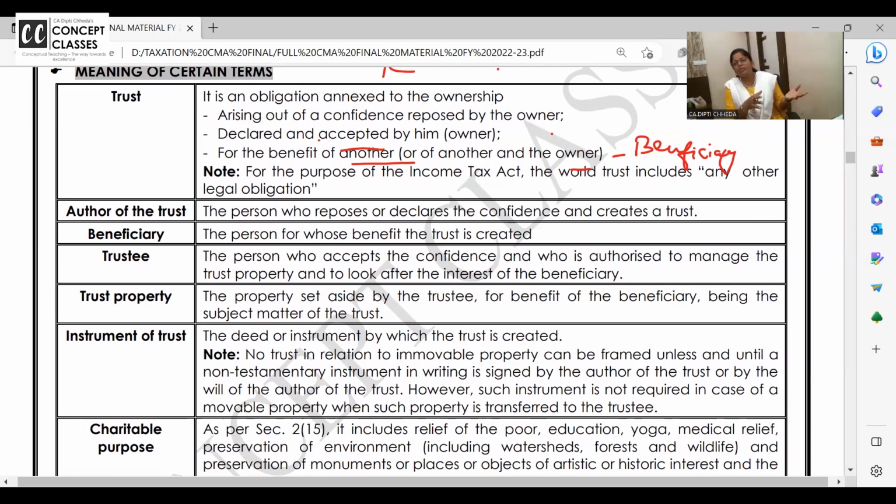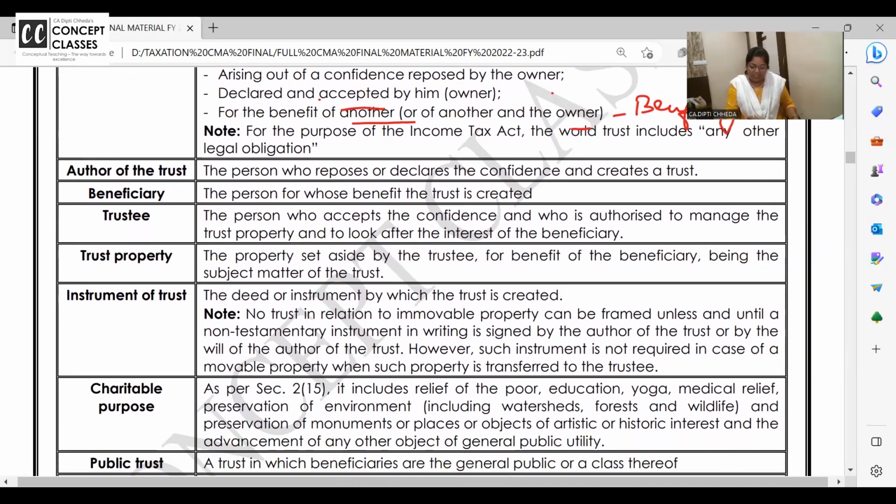Beneficiaries, for whose benefit? For example, Ramakrishna Math is for the benefit of all students. They have age groups that should be trained in all the ways: public speaking, yoga, this, that. So many training programs are going on. Trustees are the people, see, a trust is not anyone's private property. The name itself says it's a public trust. For example, let us take, dear students, the example of ICAI.